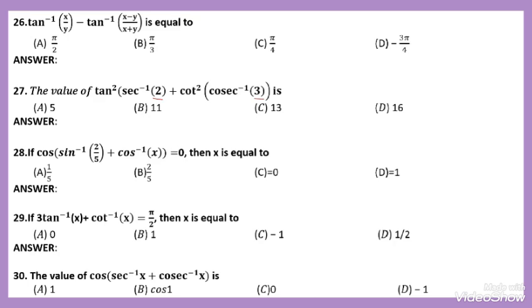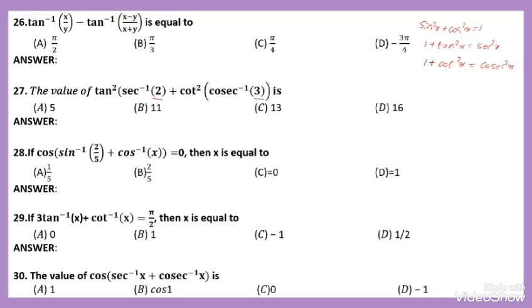The trigonometric identities are sine square x plus cos square x is equal to 1, 1 plus tan square x is equal to sec square x, and similarly 1 plus cot square x is equal to cosec square x. These are the trigonometric identities.